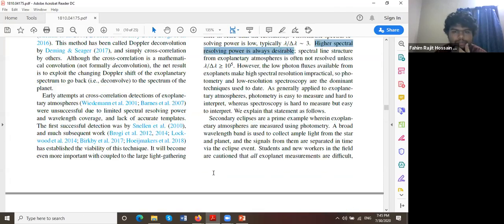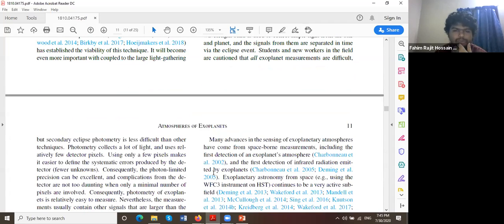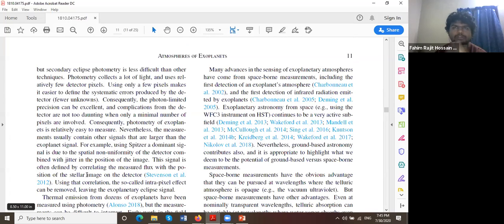But if this paper showed any kind of data on which method is widely used among astronomers, it would be helpful for people starting out in exoplanetary science.